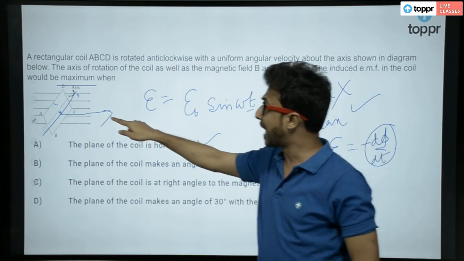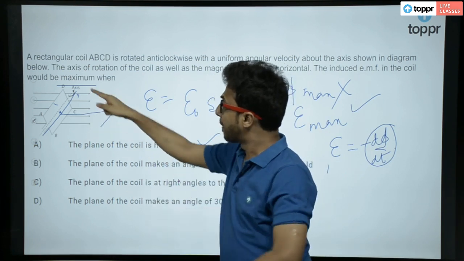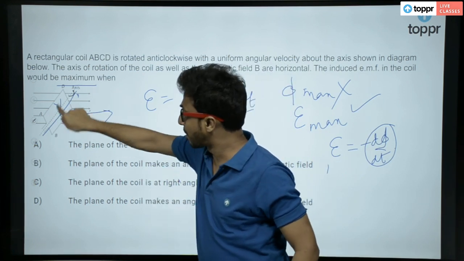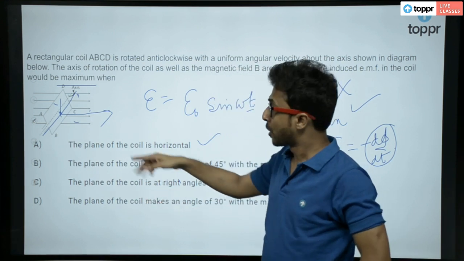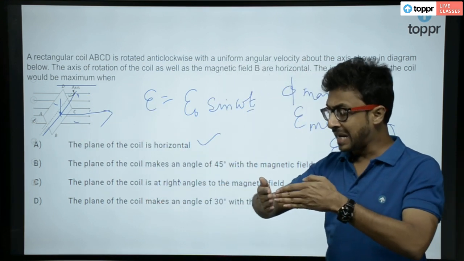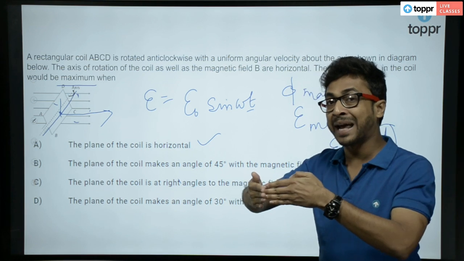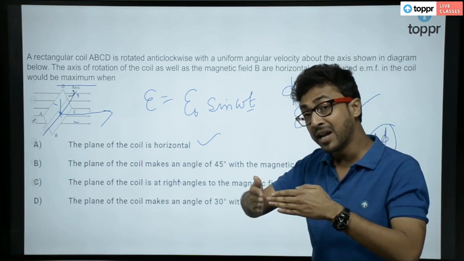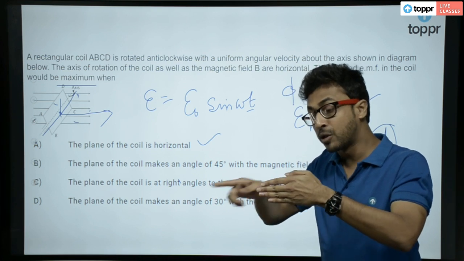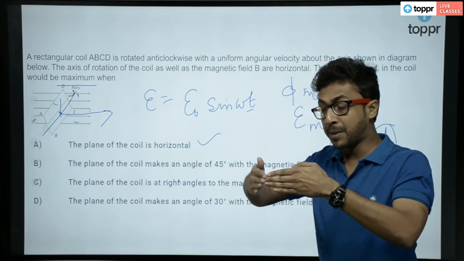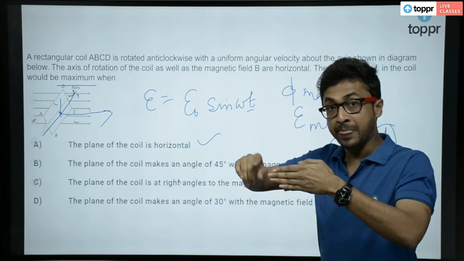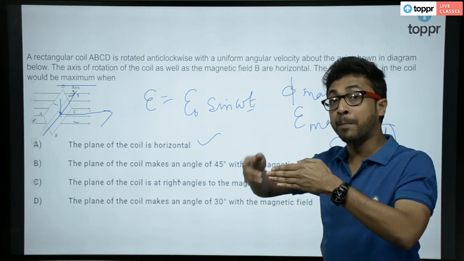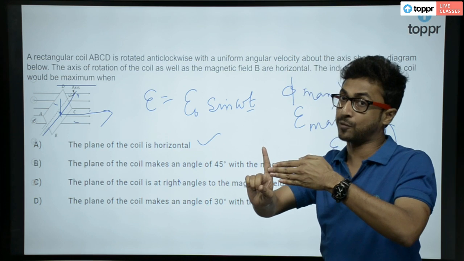Now you know the area vector is perpendicular to the plane of the area. So when the plane is perpendicular to the lines of force, the area vector is parallel to the magnetic lines of force. And when the plane is horizontal, the area vector is perpendicular to the magnetic lines of force.